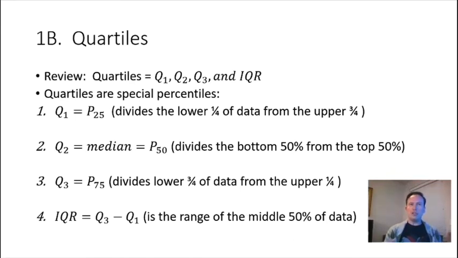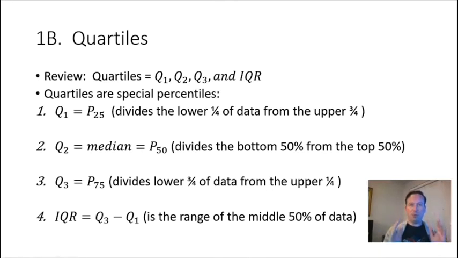I hope that makes sense. I wish I had a picture here to show you. But remember, Q1 is the 25th percentile and Q3 is the 75th percentile. So what's the difference between 25 and 75? It's 50. So the difference is 50%, and it's really the middle of the data.